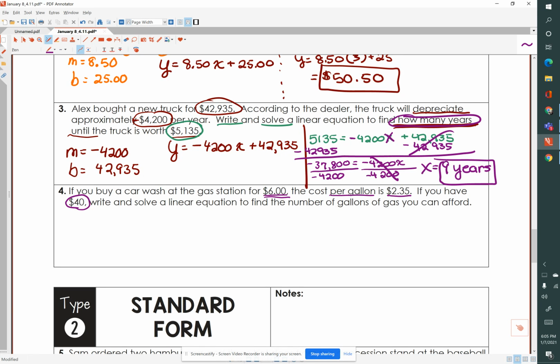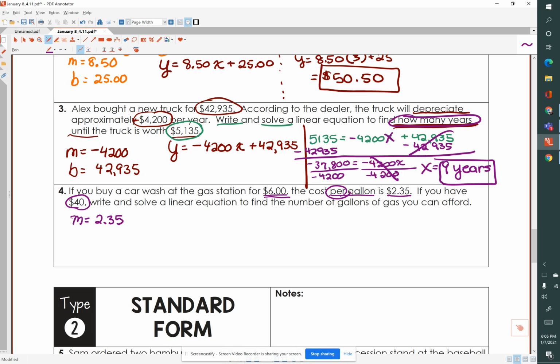So, what's our rate of change? Well, we see this per gallon, $2.35. So that's 2.35. That was pretty easy to pick out. But what's our starting point? Okay, is it the $6 for the car wash, or is it the $40 we started with?